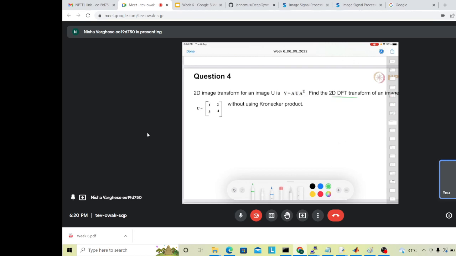So A is equal to 1 by root 2 times [1 1; 1 minus 1], that we know. A is for one dimensional transform. Then this we have to use for transformation of this image 1 2 3 4. This question is already there in the lectures.